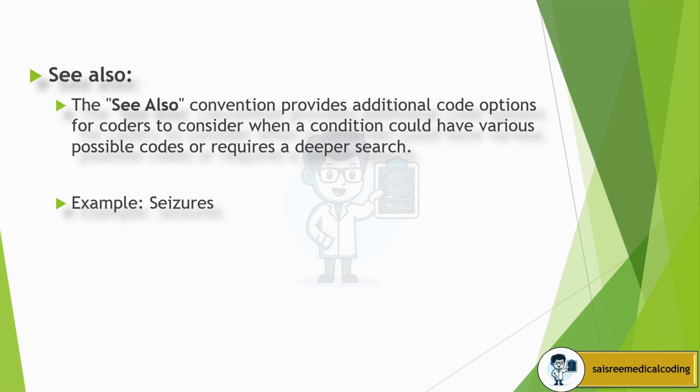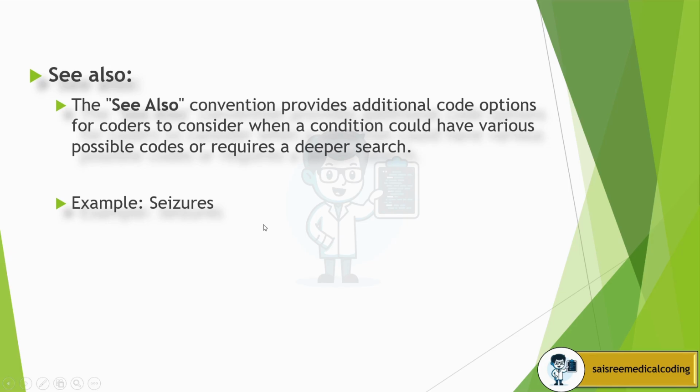"See also" means it is not mandatory. If you look in a different way also, you'll get a code, and it will show an alternative way. If you look in the alternative way, you will get the same code. Simply put, "see also" shows an alternative way to find the code. This is nothing but the "see also" convention.